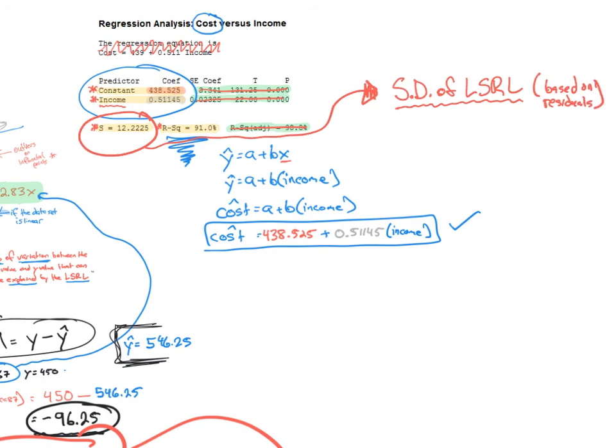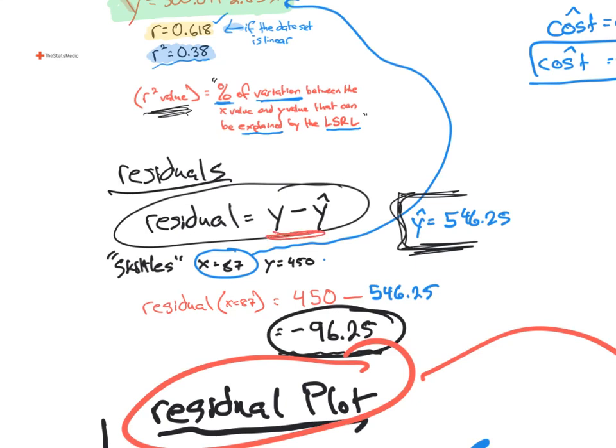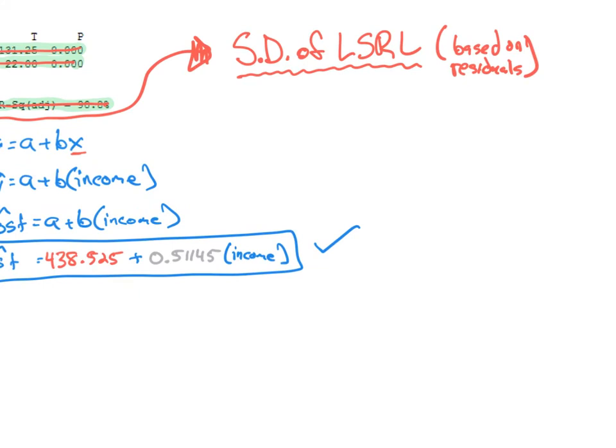Okay, so what were residuals? Remember? Residuals are how far you are from the line. So if they're based on residuals, a standard deviation is the average distance from something. So it's the average distance from the line.